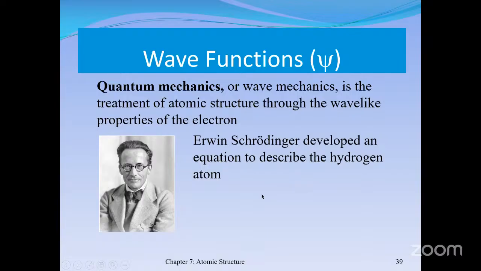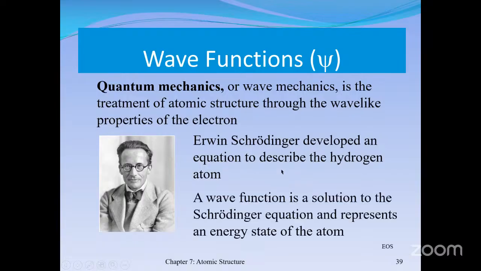And basically, the main idea behind this treatment is that we end up with an equation which is called a wave function, which is a solution to the Schrodinger equation. I'm not even going to show you what the Schrodinger equation looks like. If you're interested, you can look it up, but I'm not going to show you because you don't need to know at this level, right?